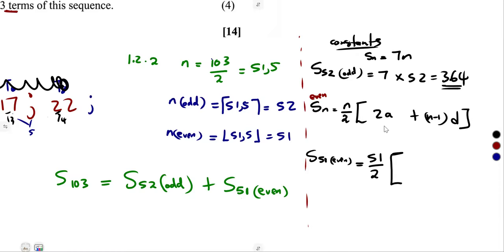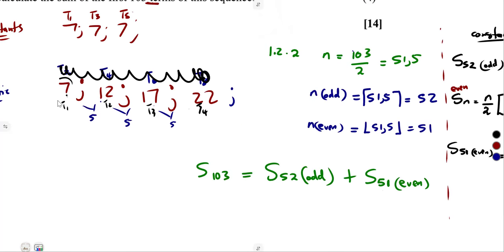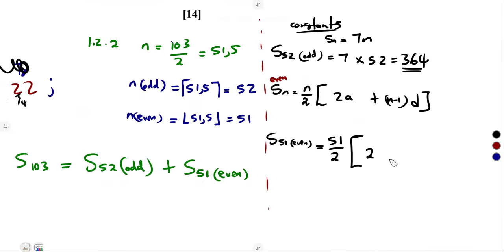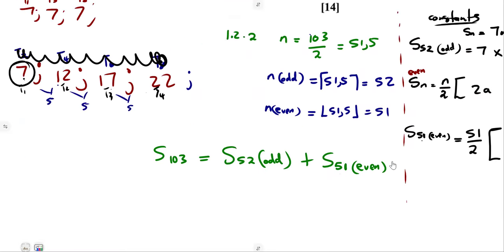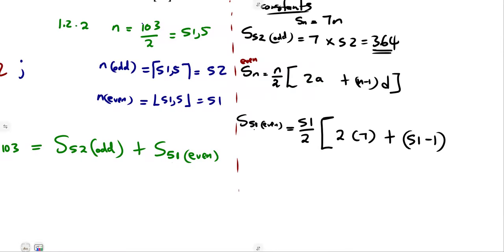This is 2a, which is 2 times our a, the first term, which is 7. So that is 7 plus n minus 1, the number of terms being 51, minus 1 times the common difference, which is 5 throughout.